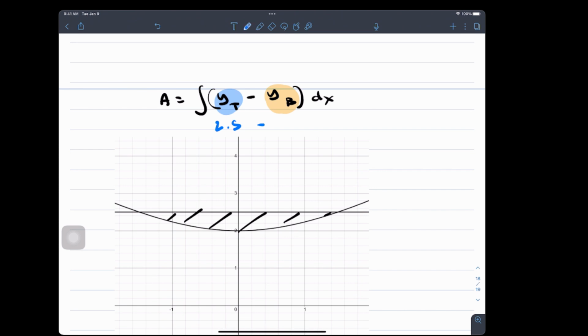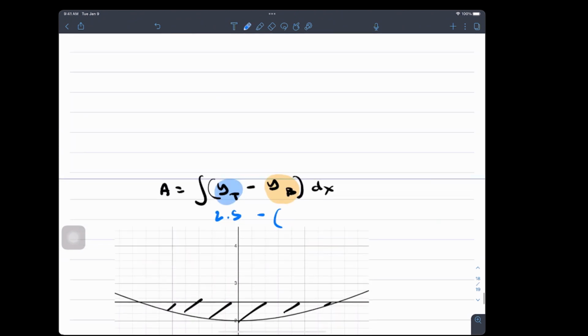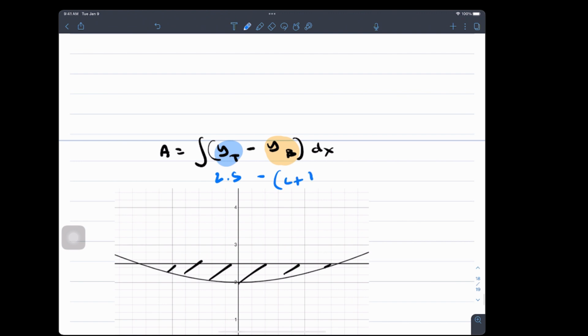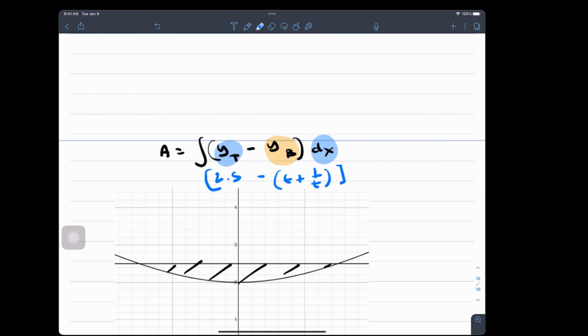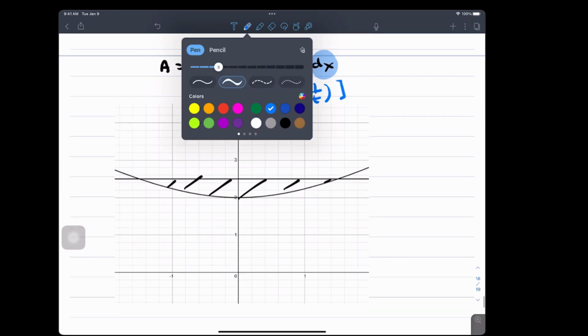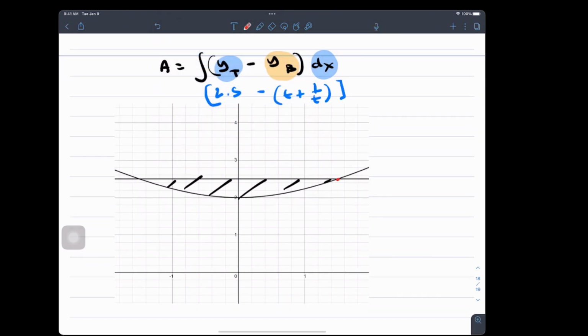So that's minus whatever that y is, t plus 1 over t. And you're going to need to get dx, by the way, dt, but you're also going to need to find these values. And you want to find the orientation.